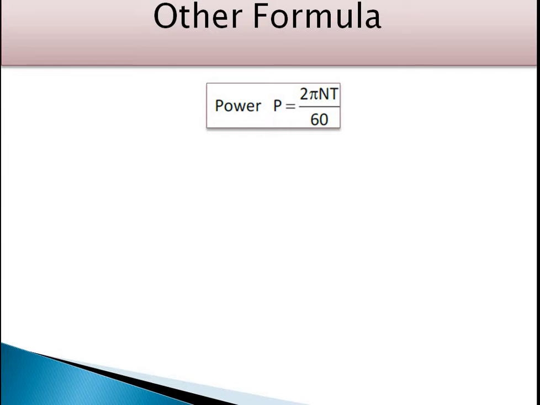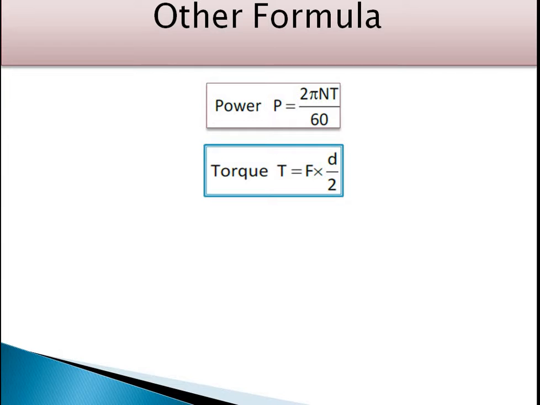Another formula we require is power. We all know that power is equal to 2 pi NT divided by 60, where N is the speed in rpm, revolutions per minute, and T is the torque.